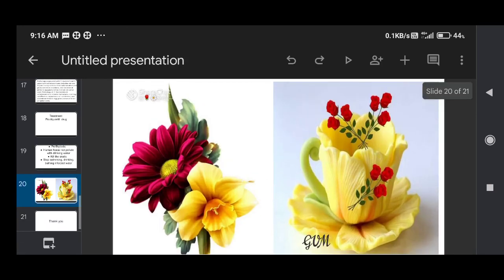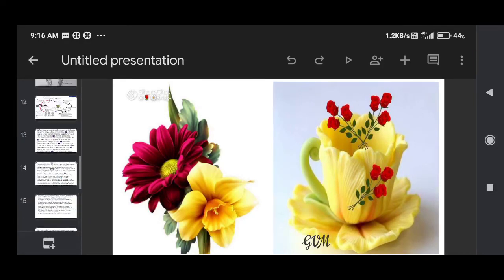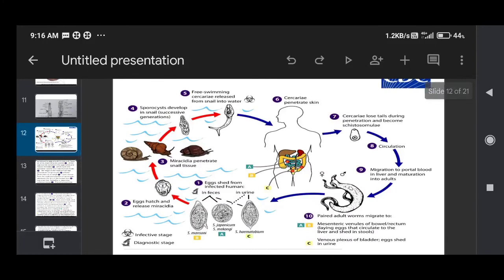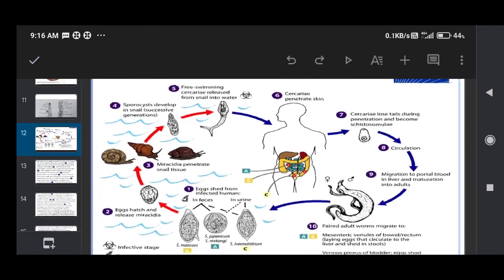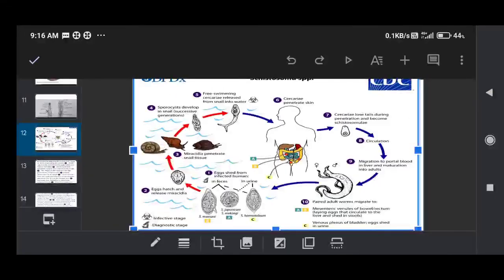Okay. So this is about the Schistosoma haematobium life cycle. Here we have to remember the life cycle. In the human being, generally in the pelvic region blood vessels, Schistosoma haematobium survives. The females release the eggs, and the eggs enter the water body.